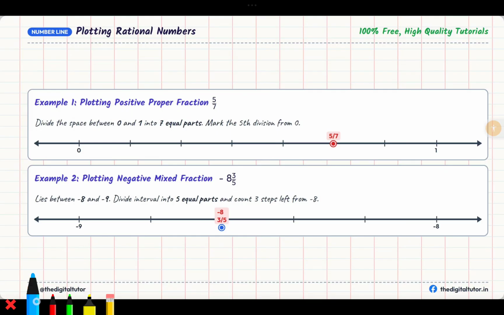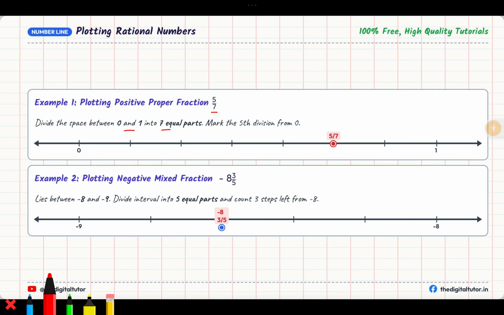Now we will look at how rational numbers are plotted on the number line. The first number we'll be plotting is 5 by 7. The 5 by 7 lies between 0 and 1, and because the denominator is 7, the space between 0 and 1 will be divided into 7 equal parts.